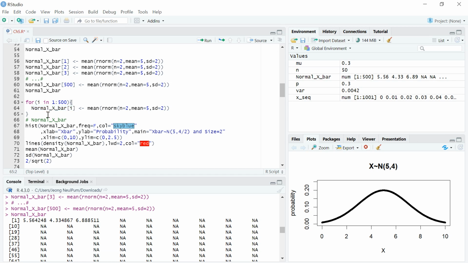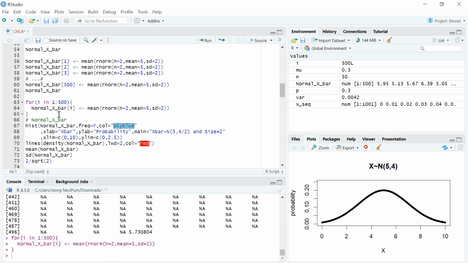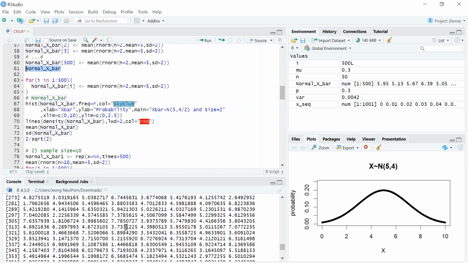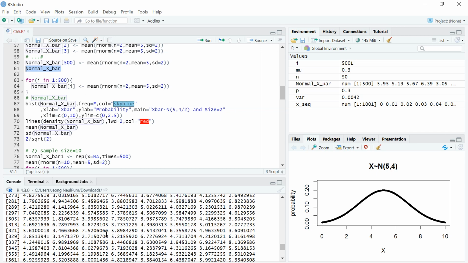So we can simply store 500 sample means in our empty vector. Let's check normal x bar again, and it has 500 sample means now.